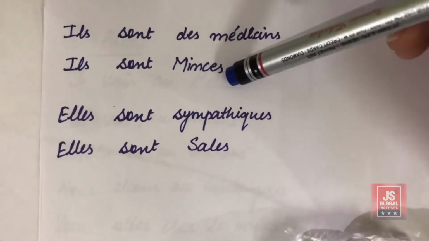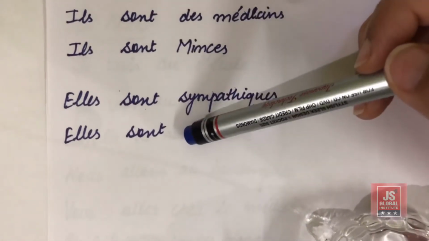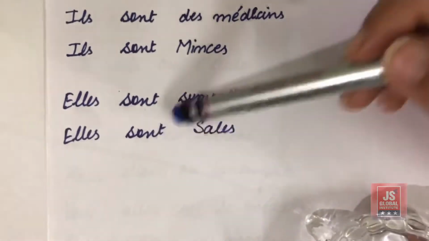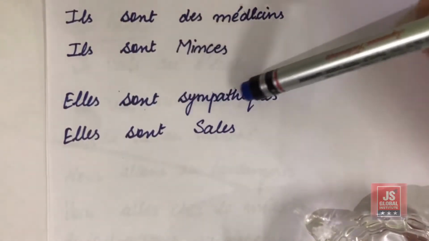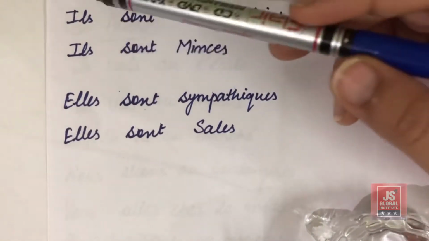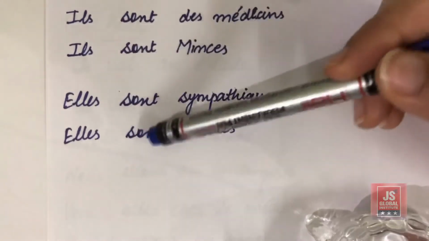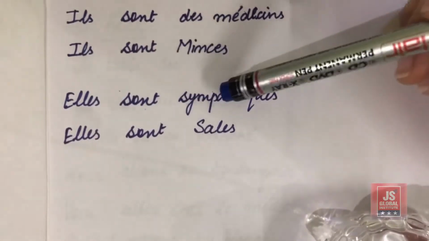Ils sont minces. Okay, similar is the case with the feminine plural. If I am talking about a group of people that are all female, I would use elles sont sympathiques. So here conjugation for ils and elles of the être verb remains the same, that is sont, and it becomes elles sont sympathiques.